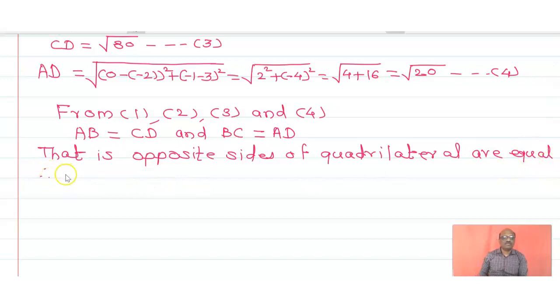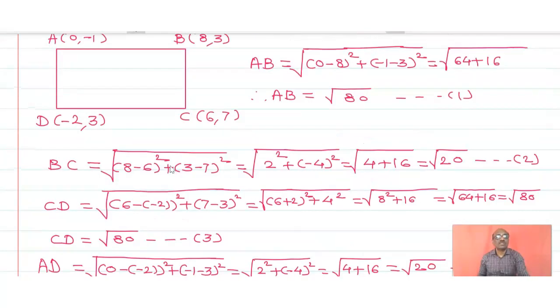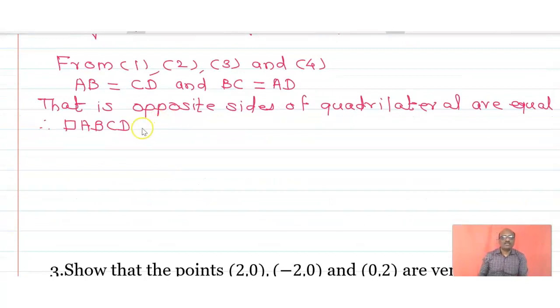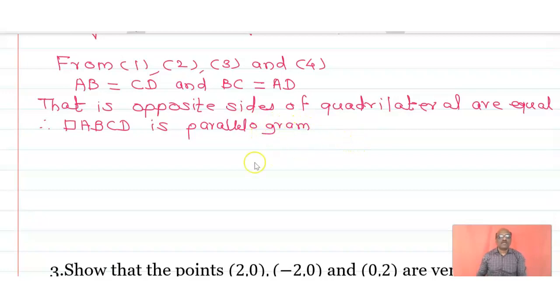Therefore, in quadrilateral ABCD, if the opposite sides are equal, then it is called a parallelogram. Therefore, quadrilateral ABCD is a parallelogram. Okay, this is the parallelogram.